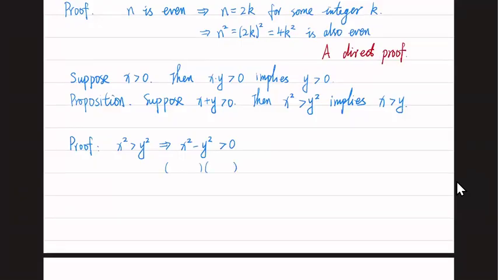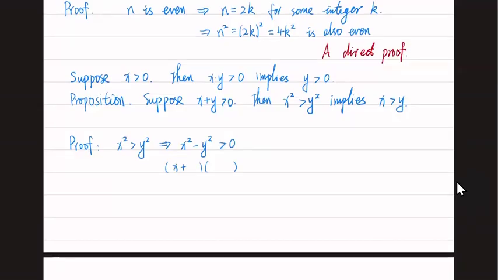I think I'm forgetting. I remember like, x plus y times x minus y. Yes, nice. So the product of x plus y and x minus y.